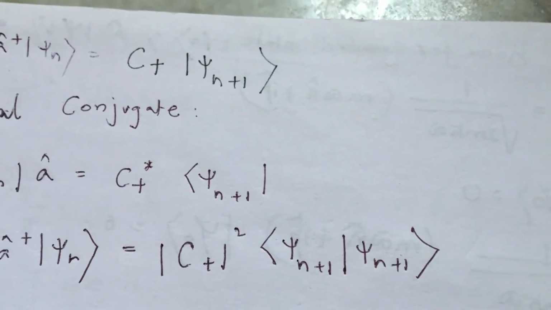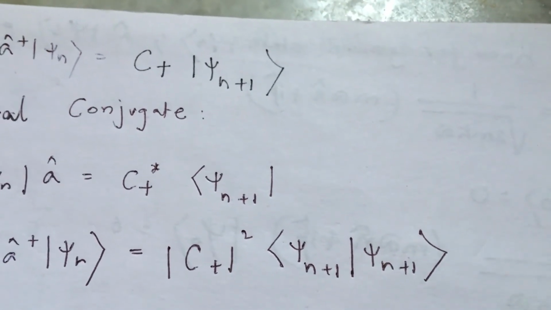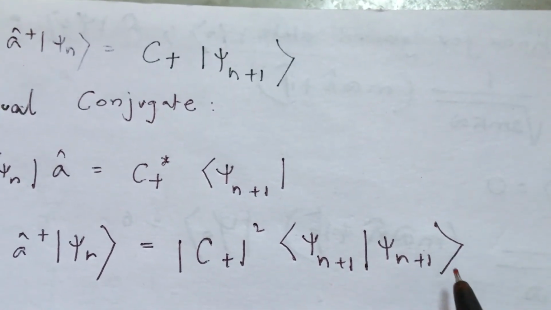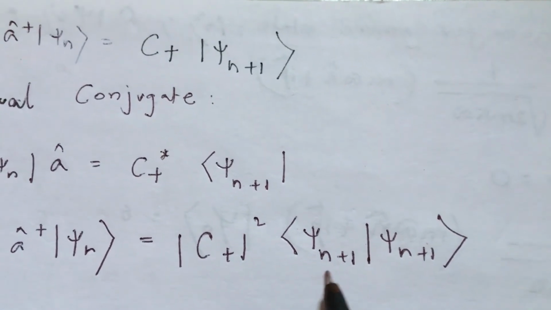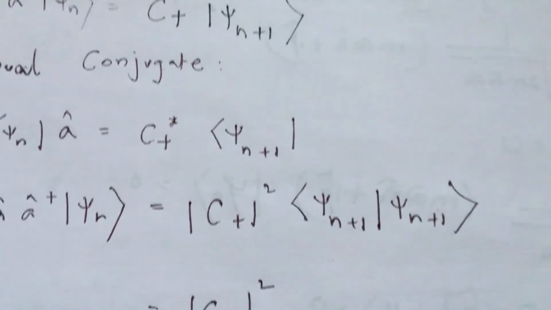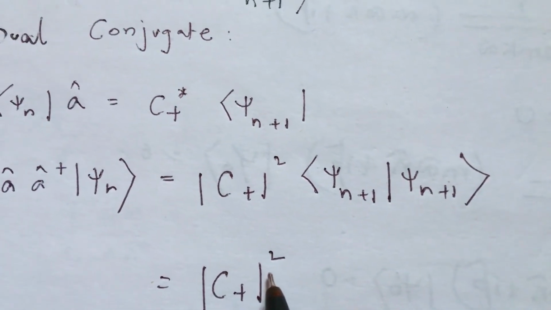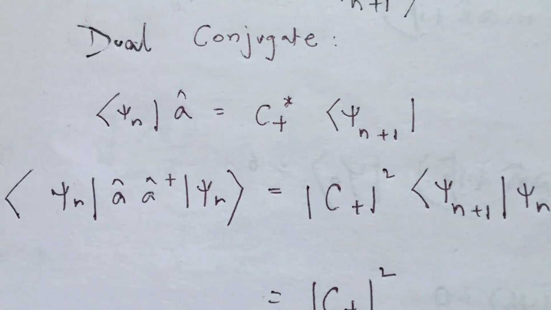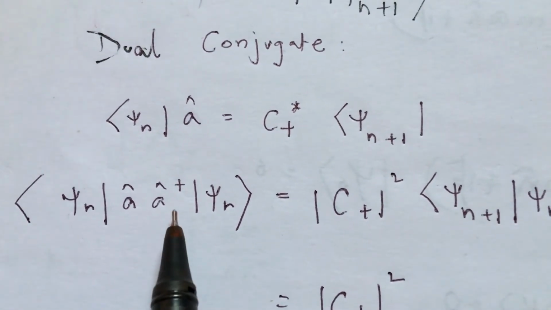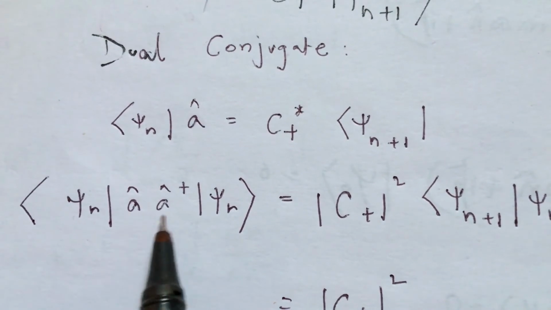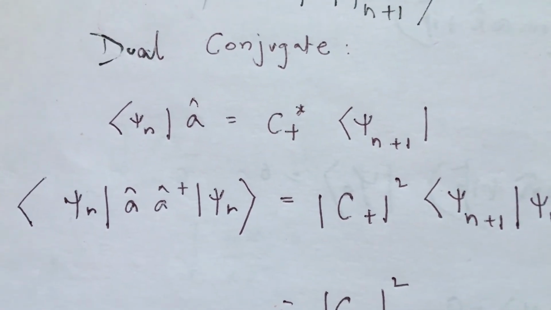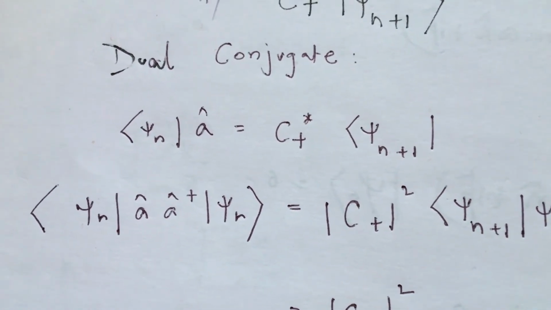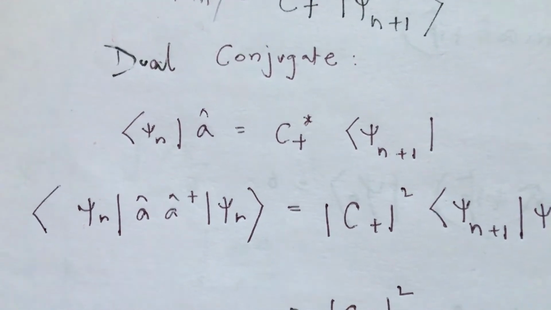The psi n minus 1 states were normalized states. Similarly, these psi n plus 1 states are also normalized, which means this length is equal to 1. So I'll get C plus mod square equal to psi n a a dagger psi n. Again I substitute for this a a dagger the Hamiltonian itself, because then I will be able to use the eigenvalue equation of the Hamiltonian.